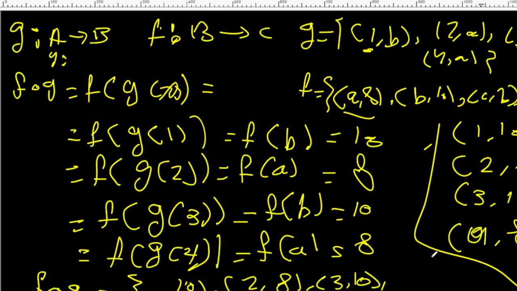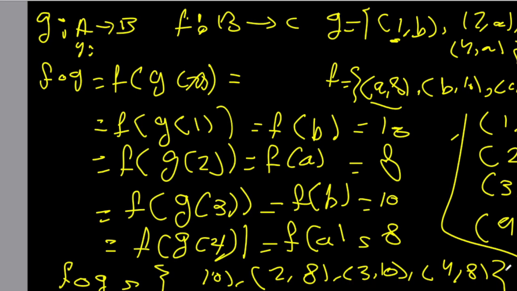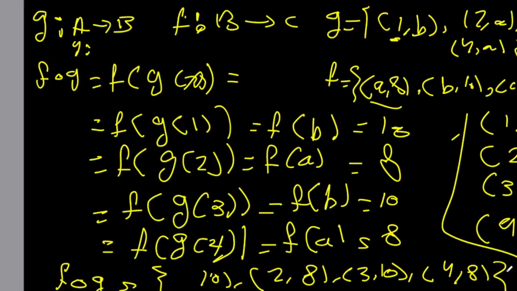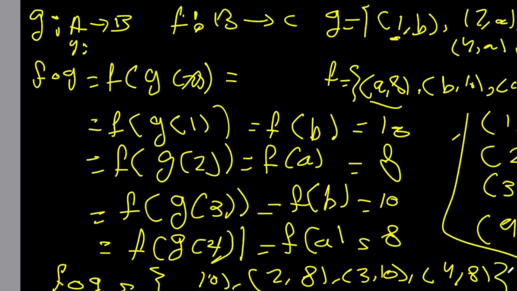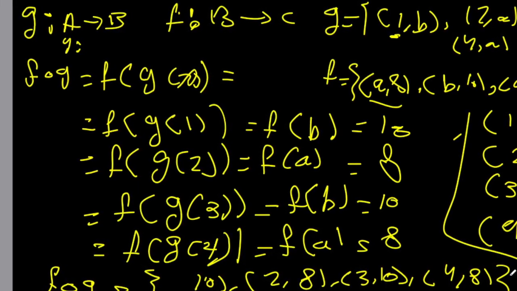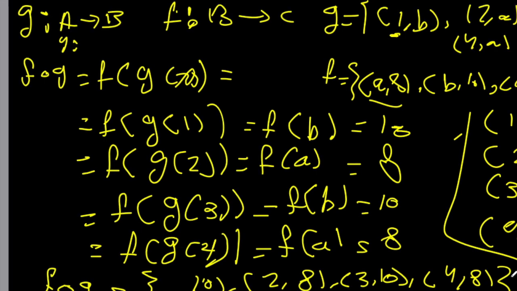This is not 9, guys, this is 4. So this is F composition G, guys. I start by taking all the values in the function G of x, then after I find G of x, I go and find the value of F of x.